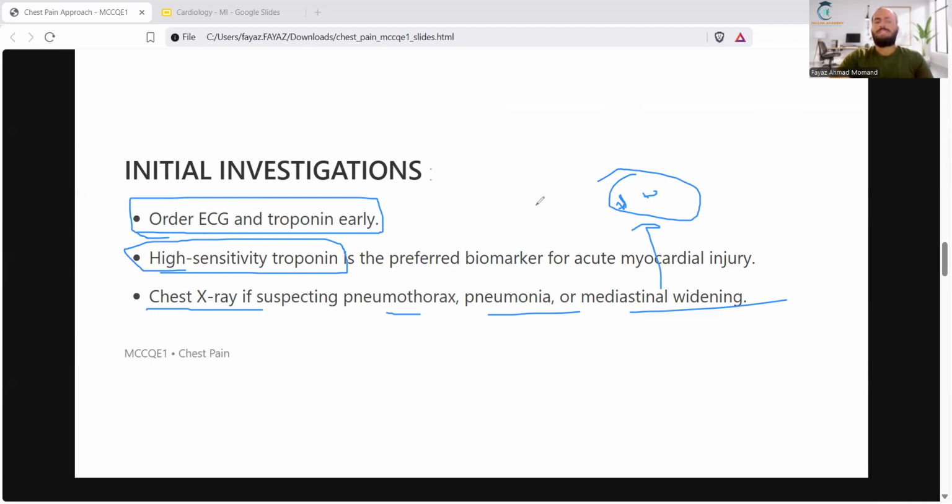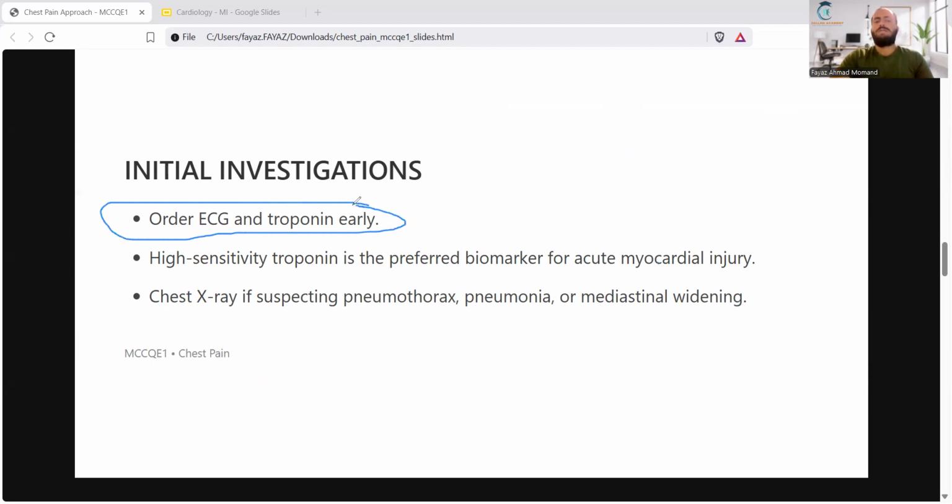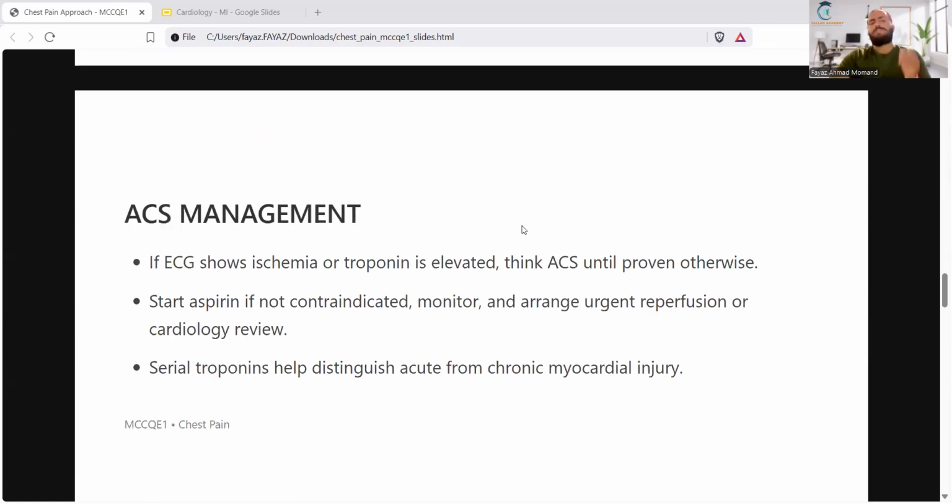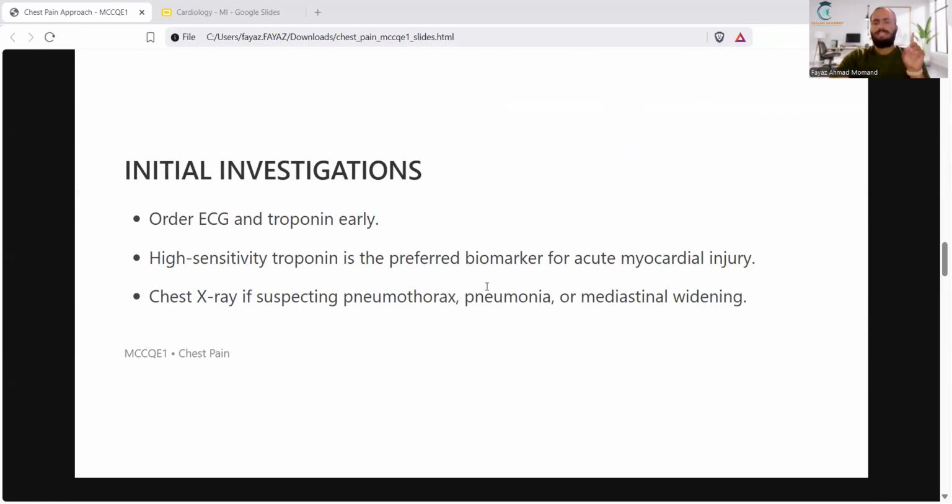But ECG and troponin are for most patients with chest pain. And we do not do just one ECG or one troponin level. We do serial ECGs and serial troponin levels, because troponins may take 3 to 6 hours to become positive. If the first is negative, it doesn't mean that acute coronary syndrome is excluded. It can show up later.